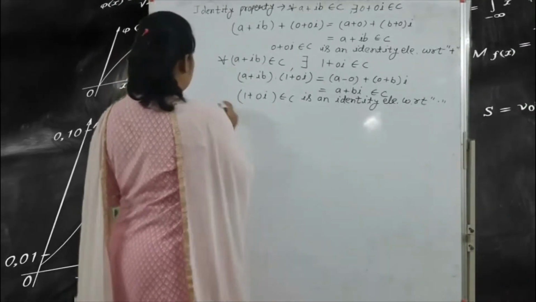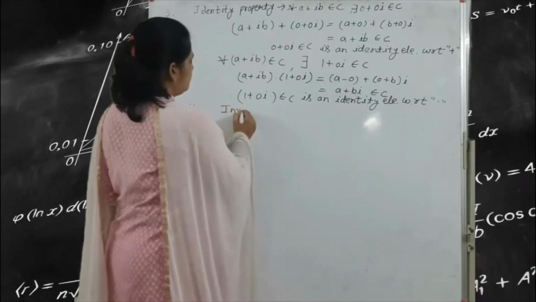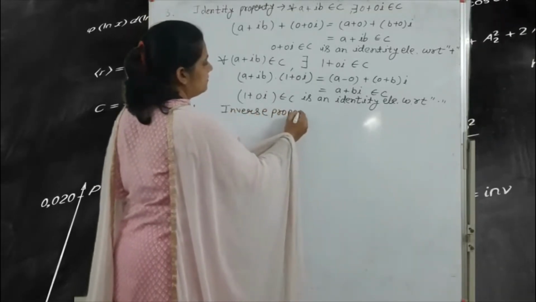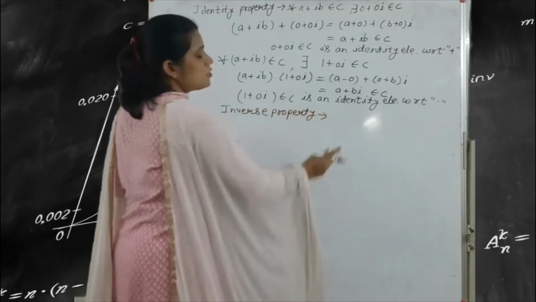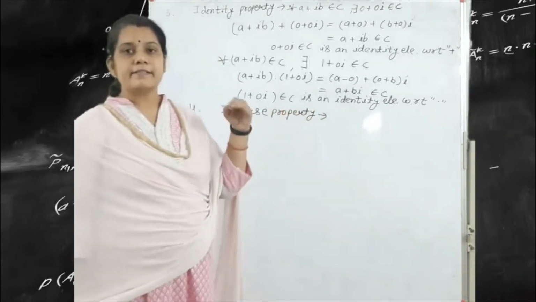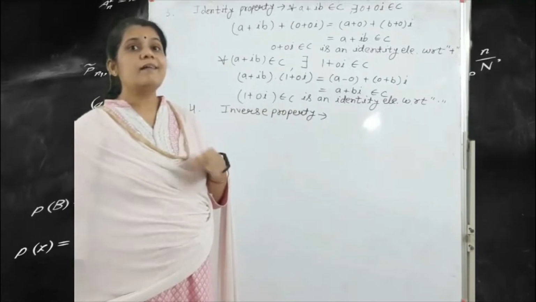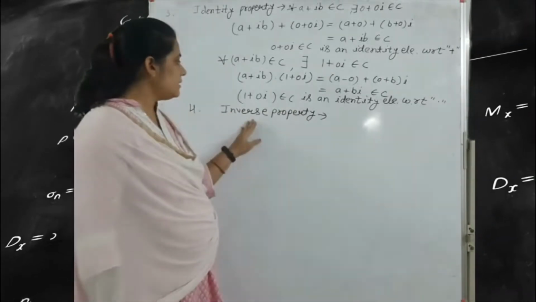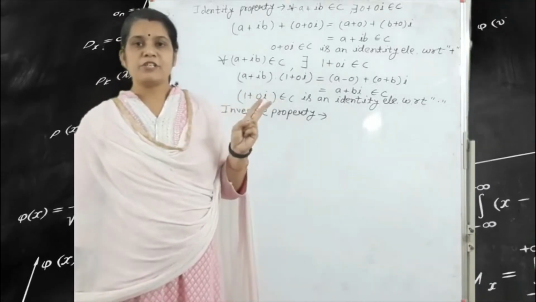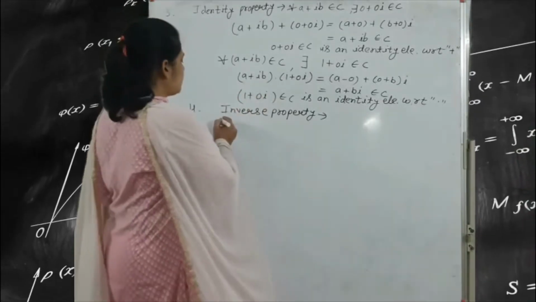Fourth one is the inverse property. Inverse property means we take an element and its inverse, and we get the identity element. Again, for this property we check the two operations, the plus operation and the multiplication operation. So let's start.